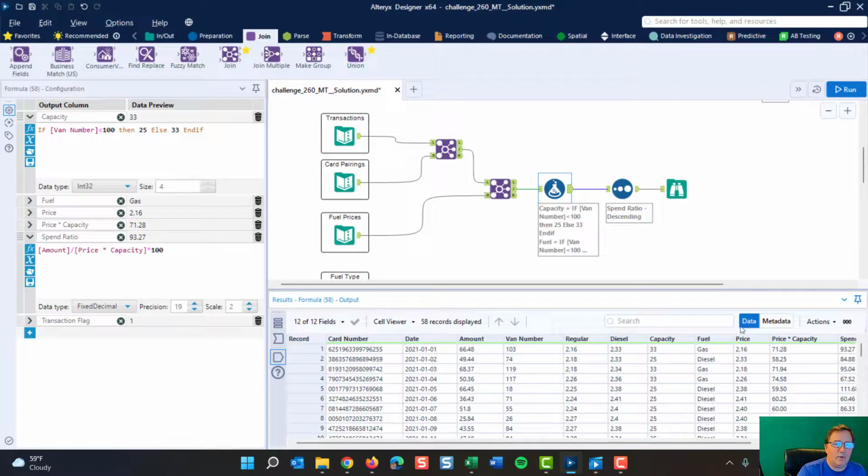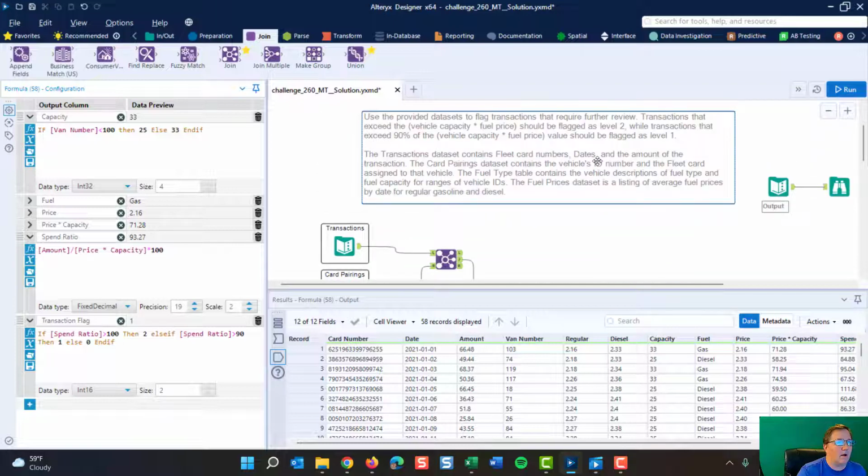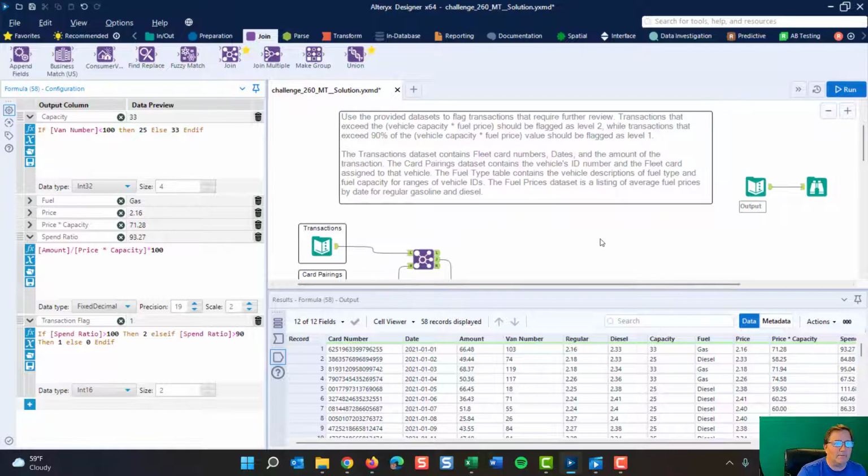And finally, we get on to the final piece, which is deciding whether this is, as we set up here, if a transaction exceeds vehicle capacity and fuel price, it should be flagged as a 2. Well, that would mean over 100. While transactions that exceed 90% should be flagged as a 1.